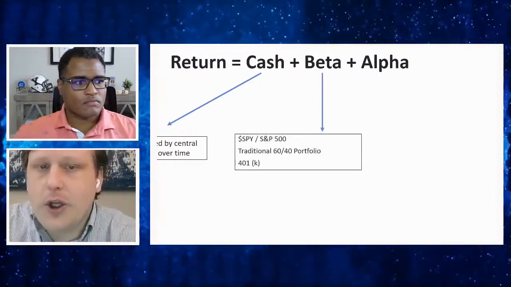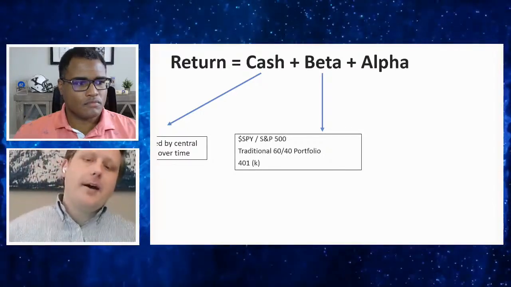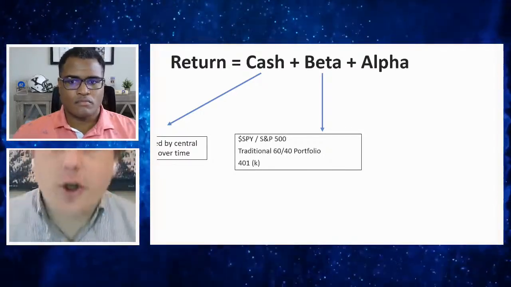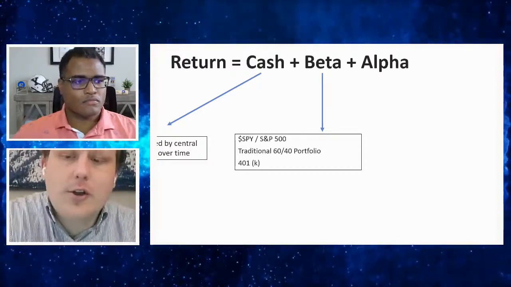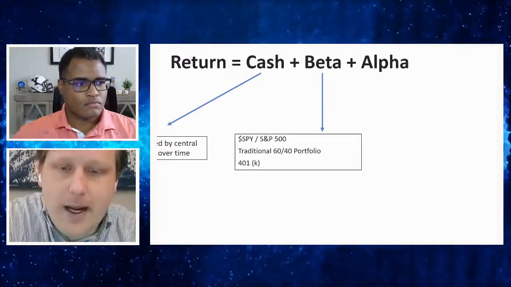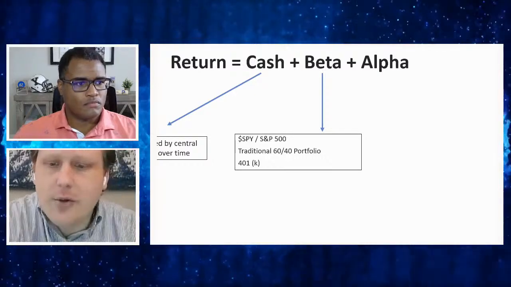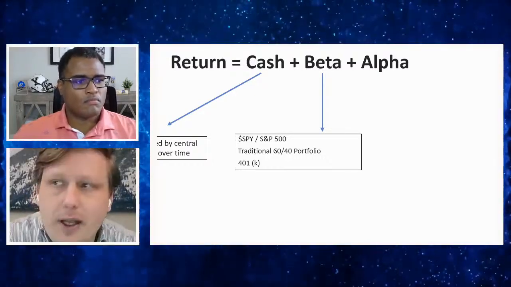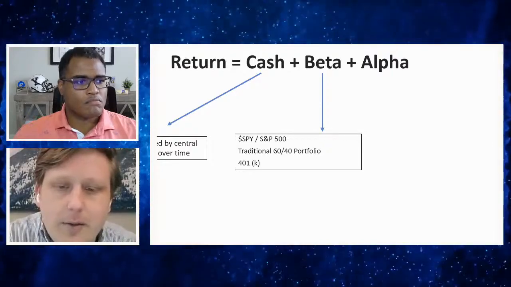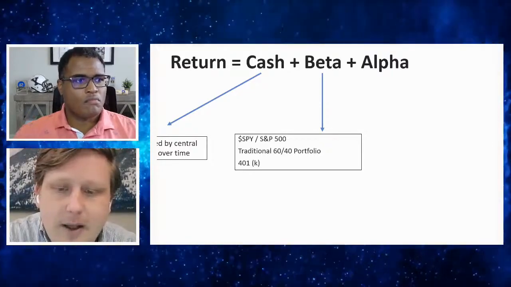Now, when you look at beta, I consider beta to be basically your public market equity and fixed income exposures. So that would be your S&P 500 or the SPY in the equity markets. I've also put in the traditional 60-40 portfolio. You can think 60-40, 80-20, 40-60, however you want to think about the equity to fixed income allocation.